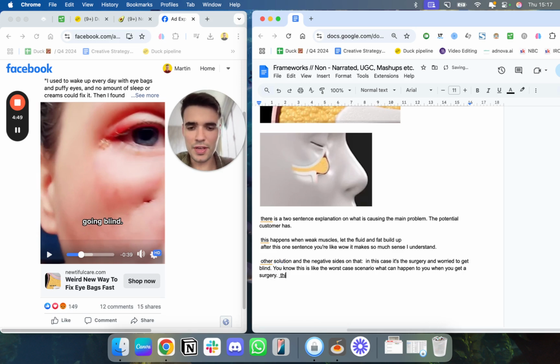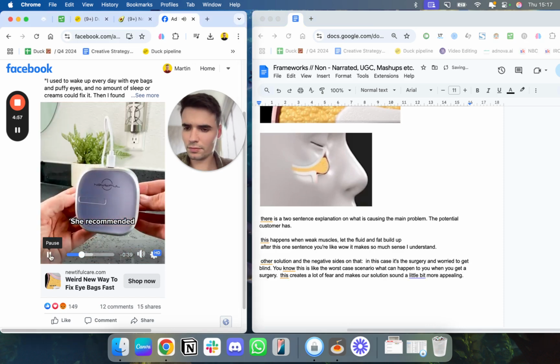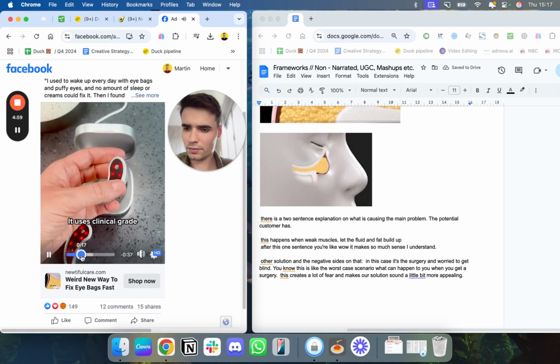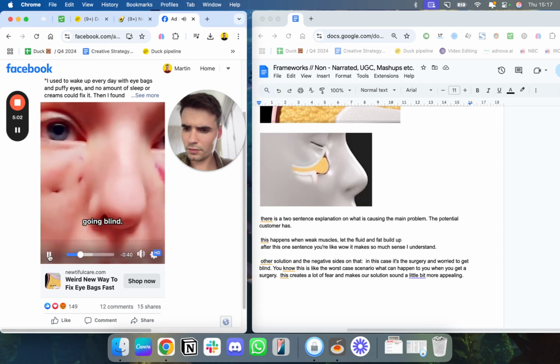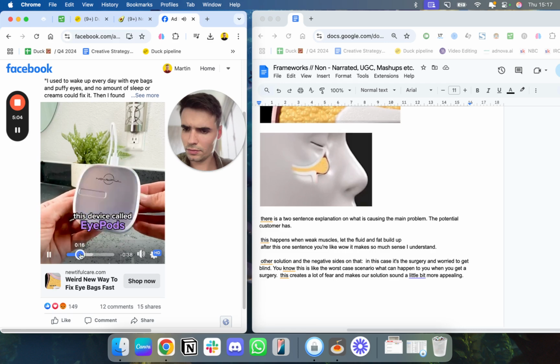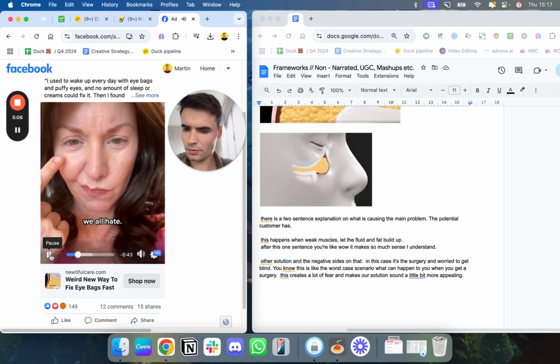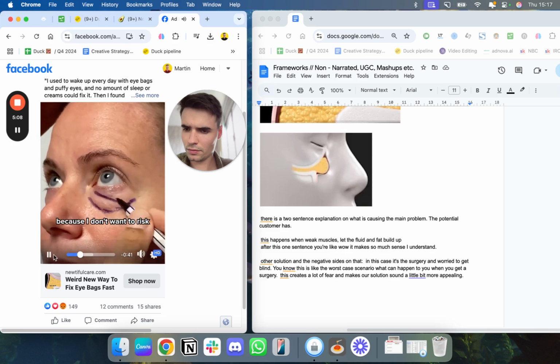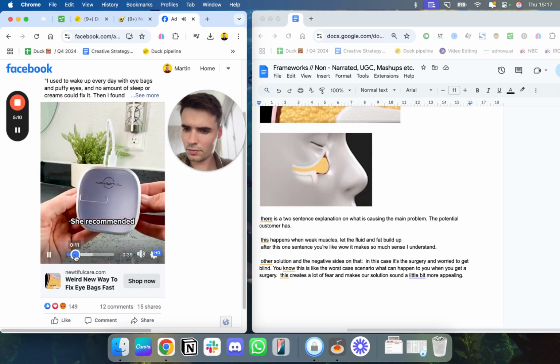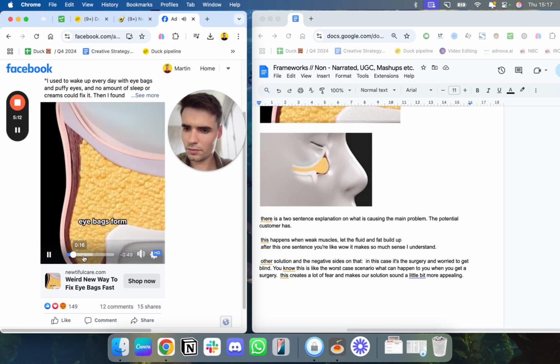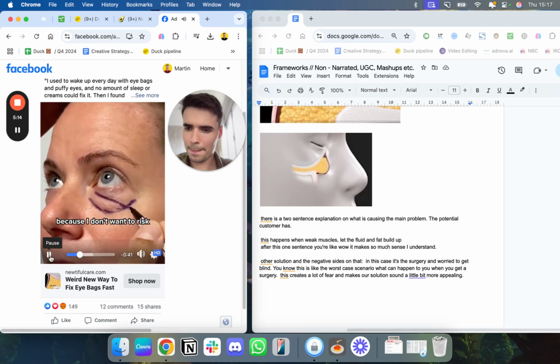This creates a lot of fear and makes our solution sound a little bit more appealing. I told her I don't want surgery because I don't want to risk going blind.